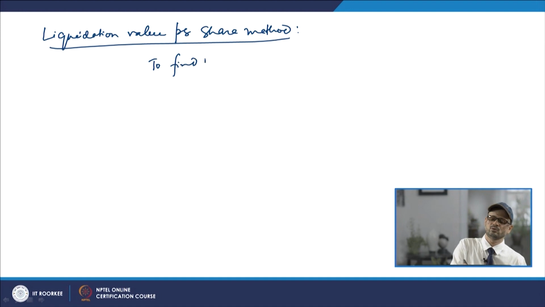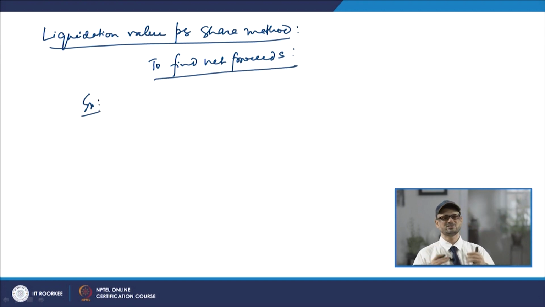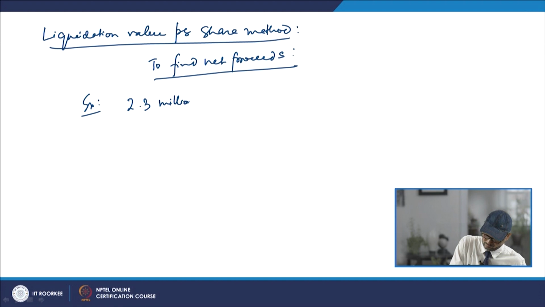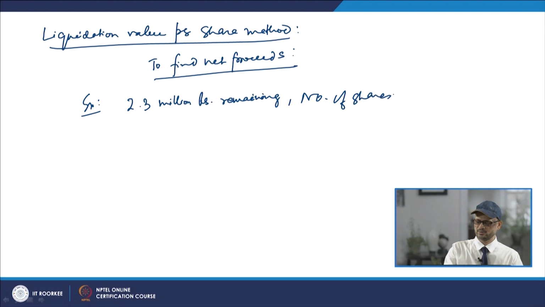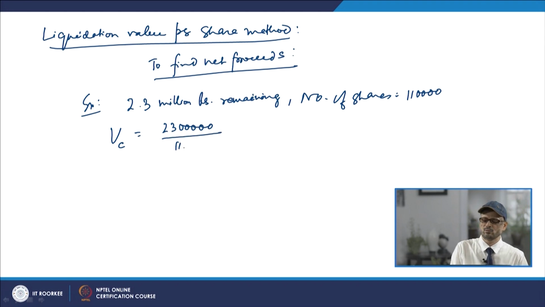Suppose the company has 2.3 million remaining after paying all the debts and liabilities, and you have 1,10,000 shares. Then you are going to divide, and you get the value of the common stock, that is the share: 23 lakhs divided by 1,10,000.